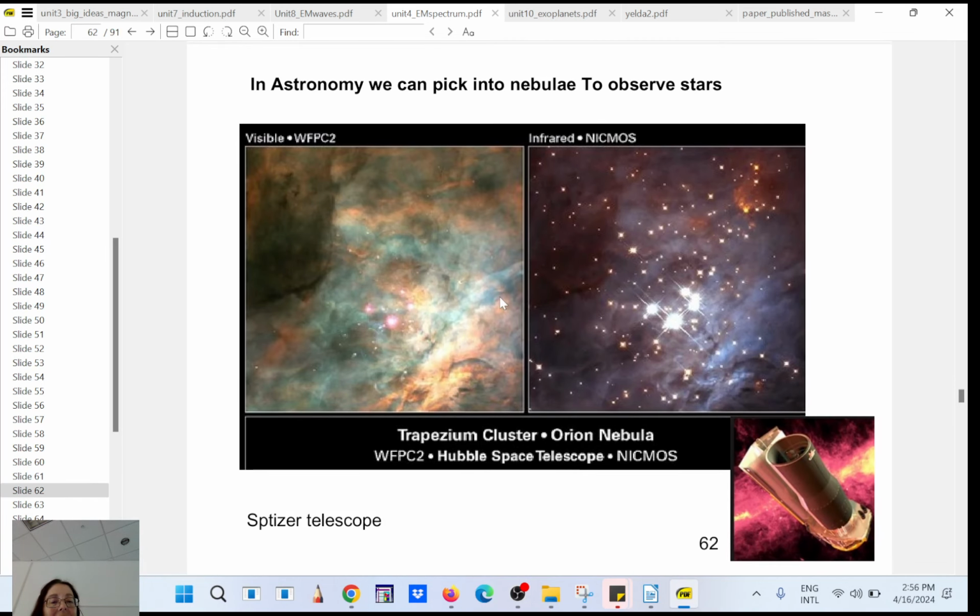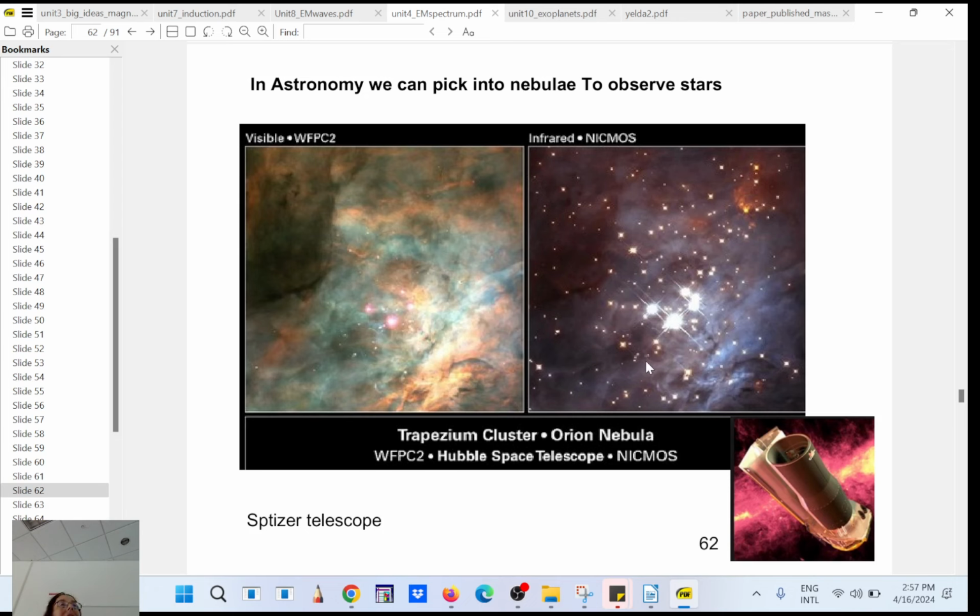So you can use that also for space. If you have a Hubble Space Telescope using visible light, you cannot peek through a nebula. A nebula is a cloud of dust and gas. You cannot peek through. But if you use a special kind of telescope to detect infrared, infrared does not care about dust and gas.